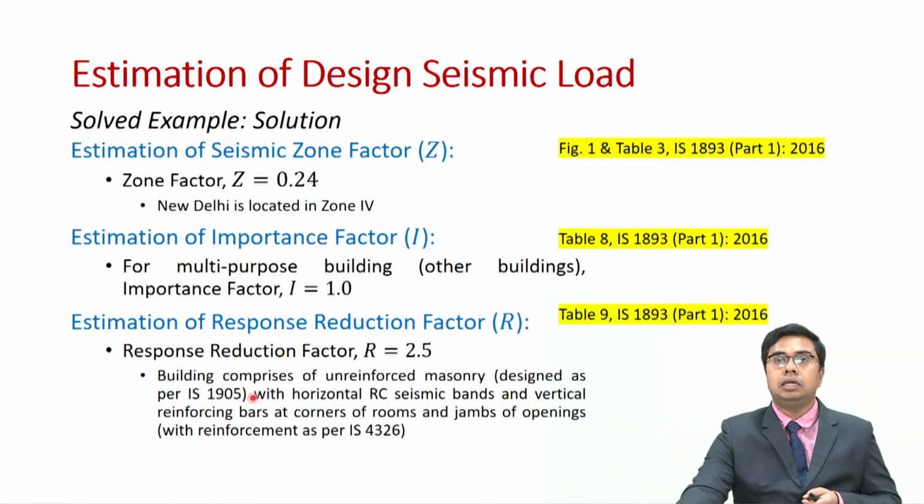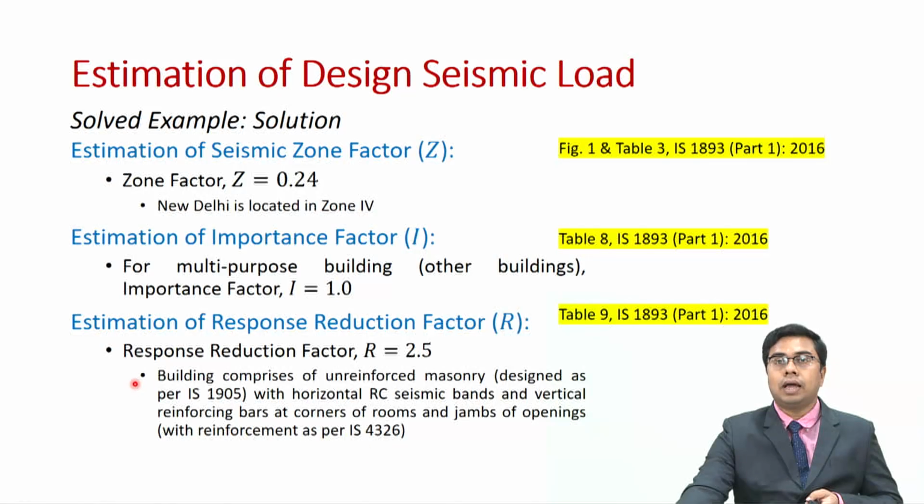Here I would like to reiterate that IS 1905 deals with structural use of masonry related to design, while IS 4326 is the code for earthquake resistant design of buildings. So section 8 of IS 4326 gives you ductile detailing related to masonry buildings. As of now, we do not have a separate code for ductile detailing of masonry buildings.